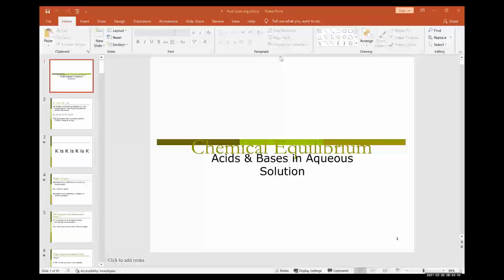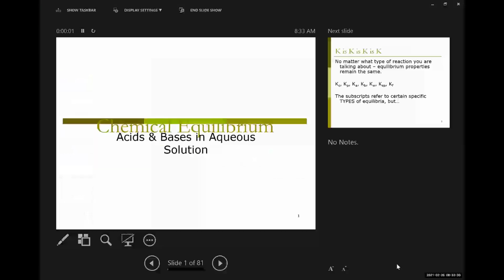nothing really changes. All equilibrium problems, after all, have 3 parts, and so we're going to do the same thing for every single equilibrium problem. The only difference is that we're now applying them to specific reaction types. That doesn't really change anything. The only reason they even get talked about separately is not because anything fundamentally different happens.